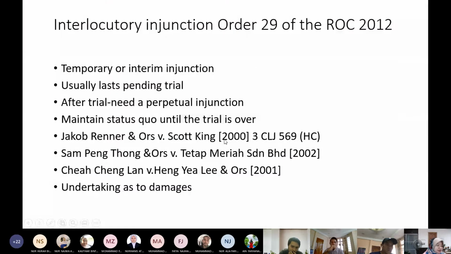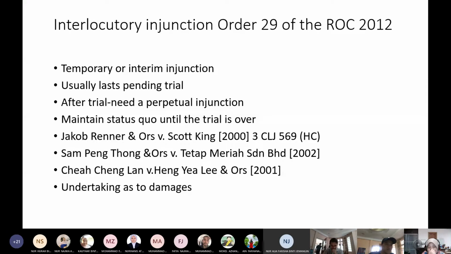All right. So basically, how do you apply for an interlocutory or any type of injunction? Like I mentioned to you just now, it is through Order 29. So basically, you need to do it with a notice of application.